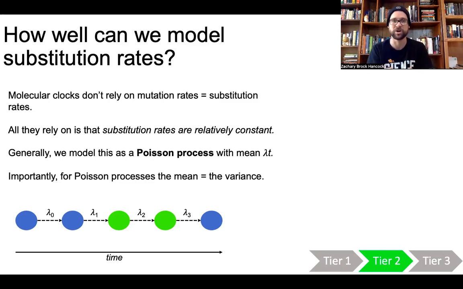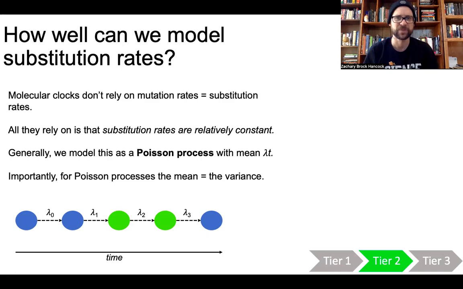From state 1 to state 2, there's some probability that between those two states a mutation happens, and in this case, we mean a substitution. So an A goes to a T with some mean probability determined by the rate parameter, lambda, multiplied by the interval of time between those two states. The greater that interval of time is, the more chance you have for a substitution to occur.